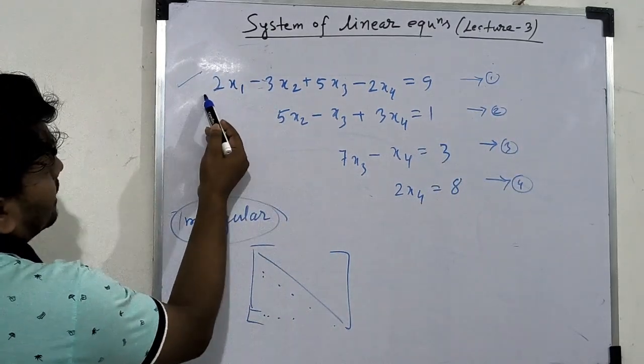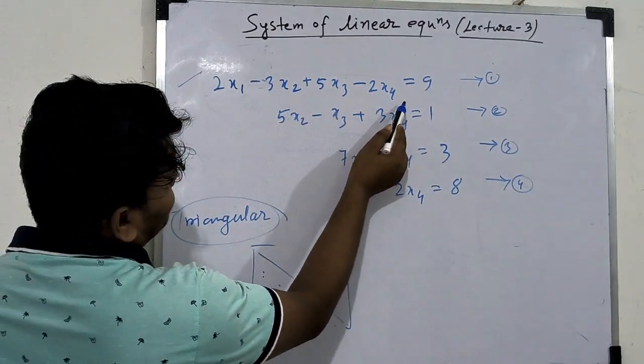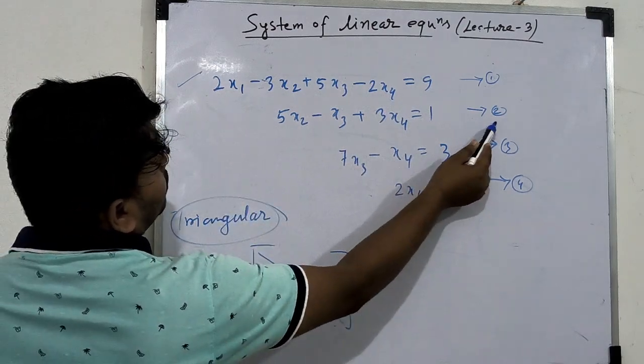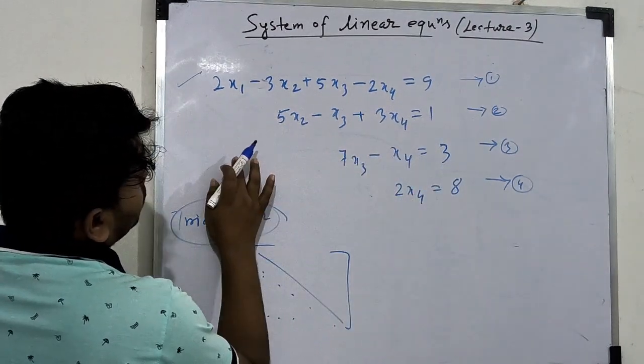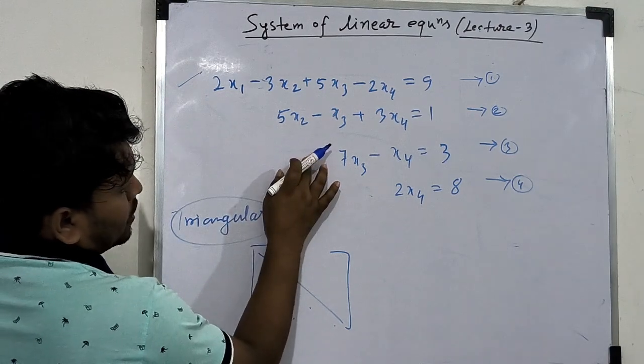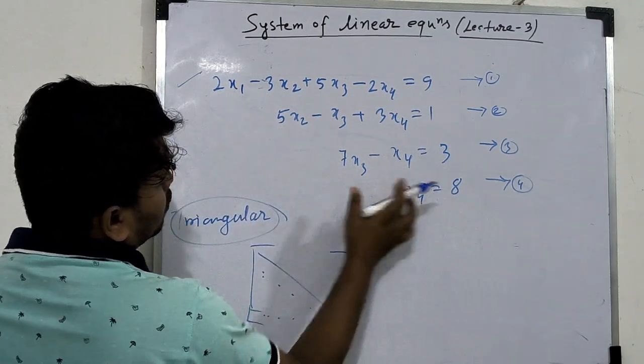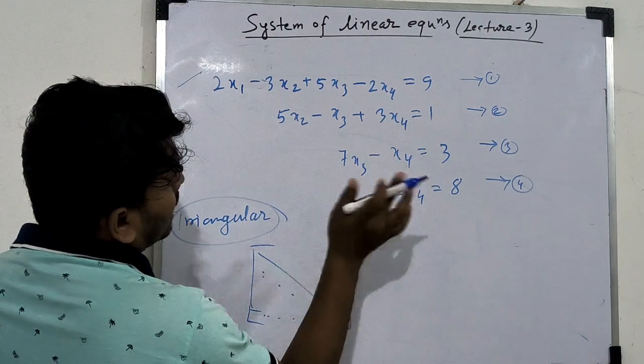In the first equation, all coefficients of xi are non-zero. In the second equation, the coefficient of x1 is 0. In the third equation, the coefficients of x1 and x2 are 0. And in the last equation, the coefficients of x1, x2, x3 are 0.